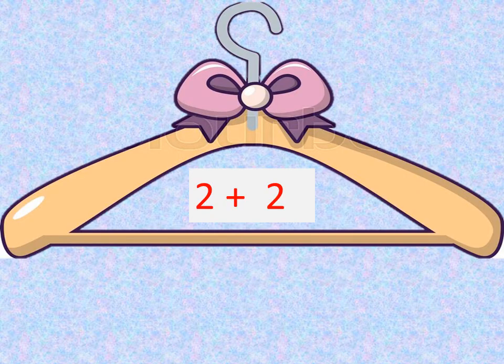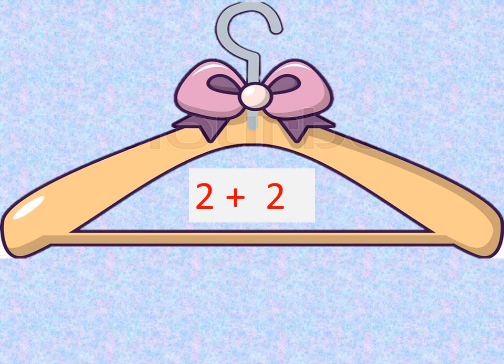Before finishing our lesson, I would like to introduce an activity for you. Here we need a clothes hanger and some pegs to do this activity. Think that we need to add 2 and 2, or we need to find the sum of 2 and 2. This is what we do.